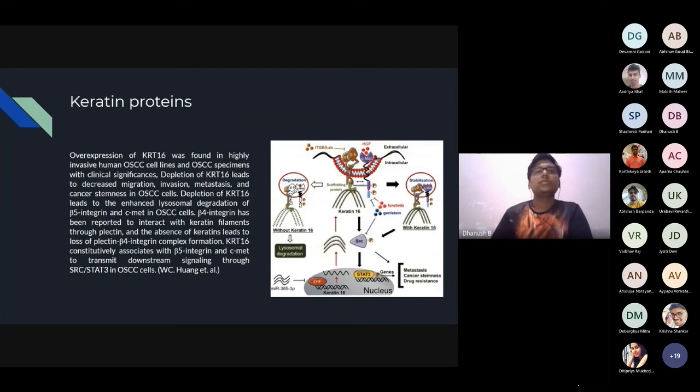Keratin 16 interacts with SRC protein, which initiates the signaling to STAT3 protein, which has a main role in metastasis, cancer stemness, and drug resistance of the cancer cells.